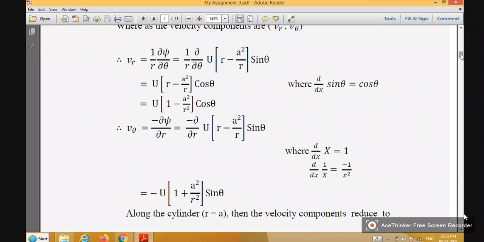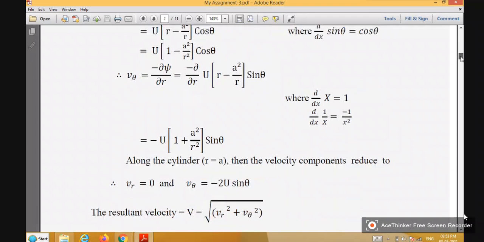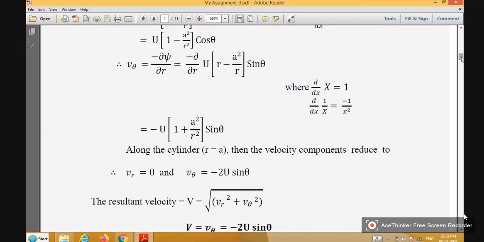For that you have to give an equation number. And when you are explaining, you should tell, substituting r is equal to a in that equation, we will get VR equal to 0. Then people can understand. Followed? Not only you, all of you. Right, go ahead.